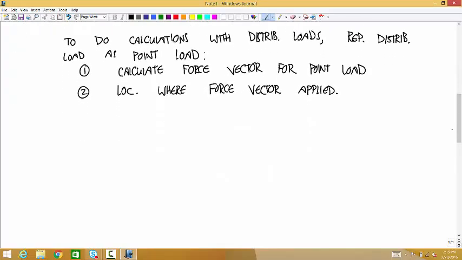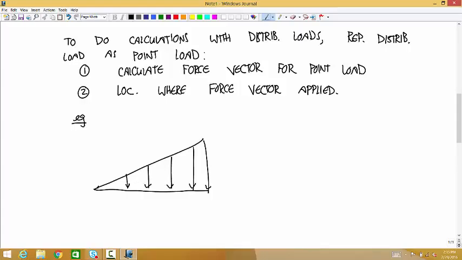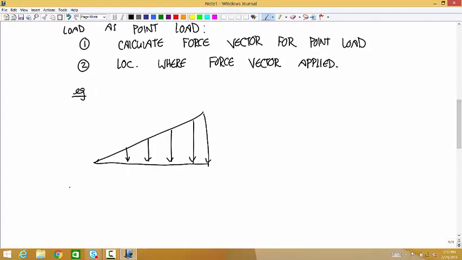So if you have a distributed load like this, the total force vector comes from the area of the distributed load shape.